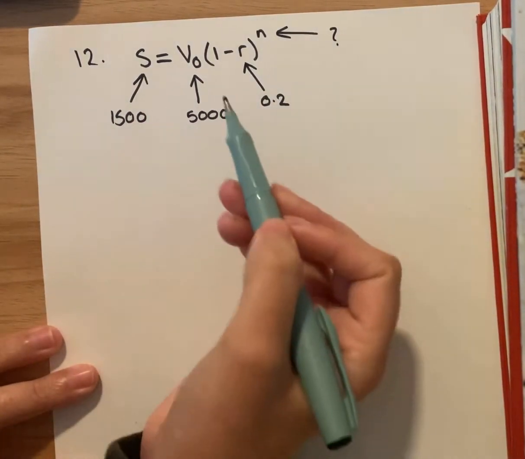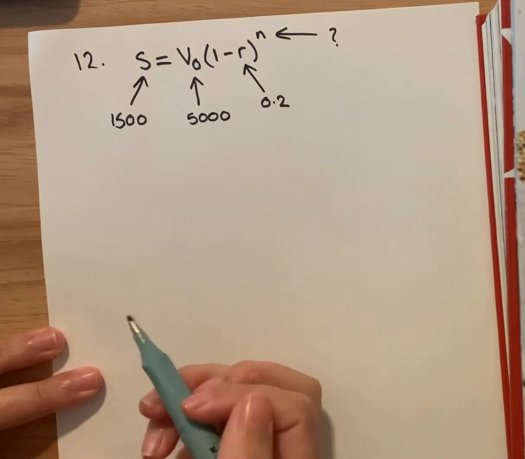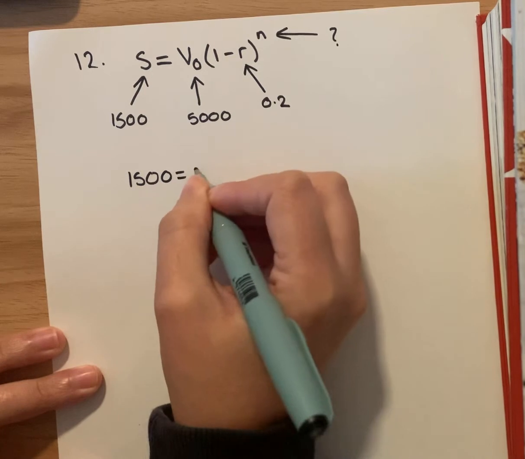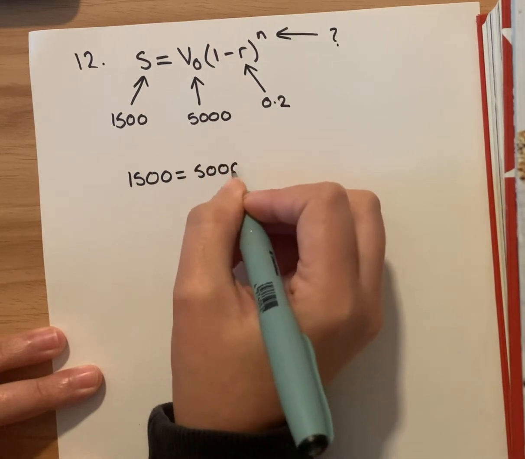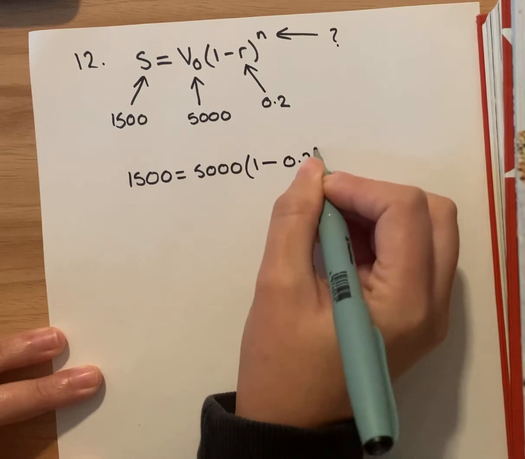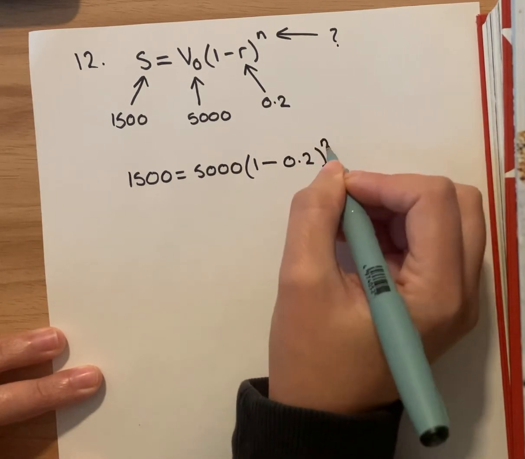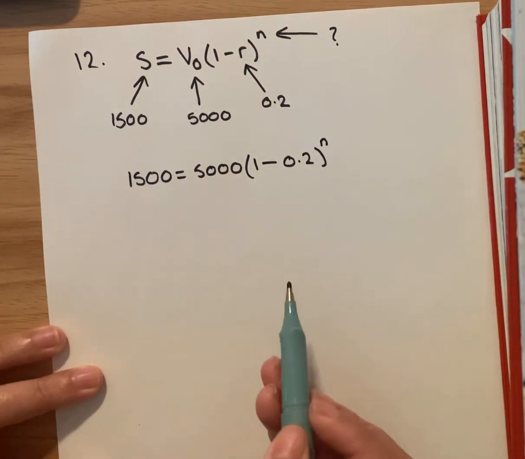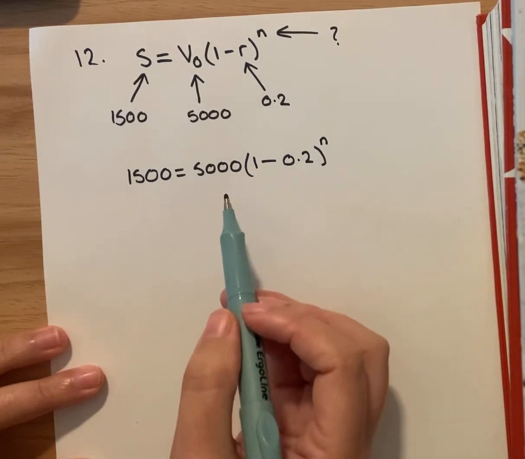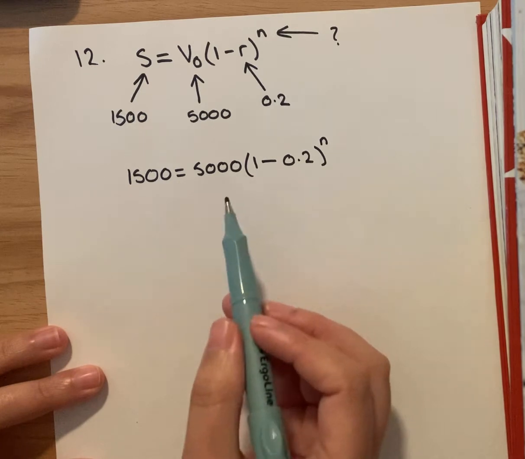So let's plug all our values into the equation and see what we get. We've got 1,500 equals 5,000 times (1 minus 0.2) to the power of n. We still don't know what n is, so we need to solve this equation. Let's try and get rid of everything that's around n.